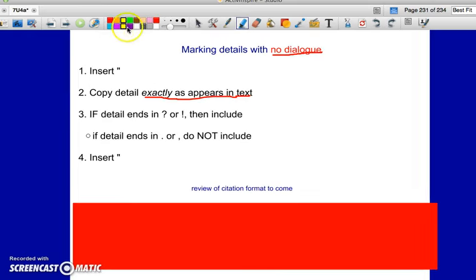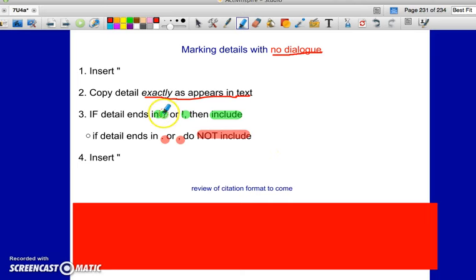This one's really important because people sometimes still get tripped up on this. So look at the very end of your detail. If the detail ends in either a question mark or an exclamation point, then you do include this at the very end of your detail. So in other words, you include it before the final quotation mark. If the detail ends in either a period or a comma, then you do not include this.